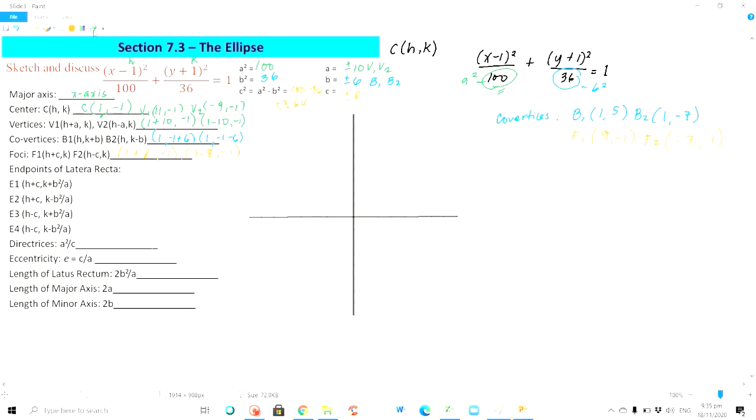Okay, so pwede na tayo mag-plot ng points. 1 and negative 1, so here is our center. For the vertices, that's V1, 11 and negative 1. 1, 2, 3, 4, 5, 6, 7, 8. Kulang pala. 9, 10, 11. 11 and negative 1.